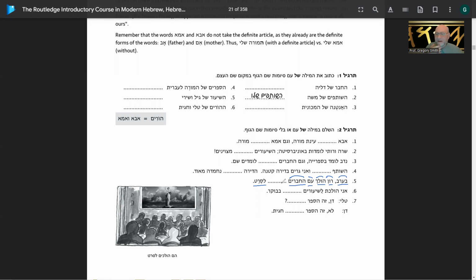So in the evening, ba'erev, holech, Ron goes im with habarim, the friends. So we need something that communicates who these friends belong to. Well, they belong to Ron. So it's going to be shelo. And if you saw the pointing, there would be a dot on there. Shelo, his friends. So let's see if shelo is on the answer key.